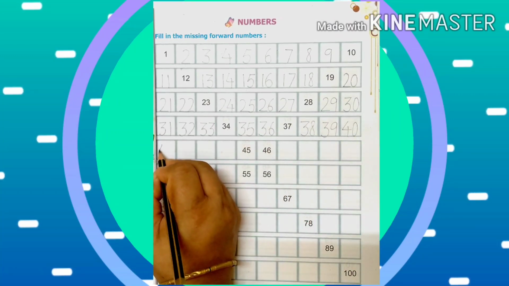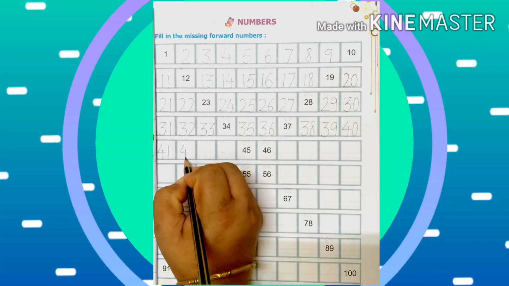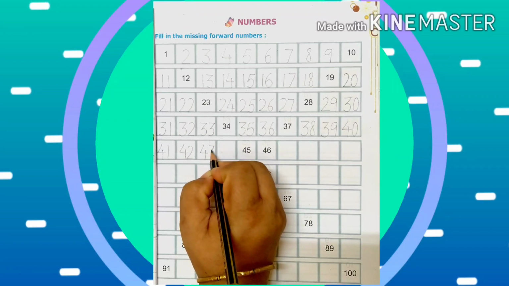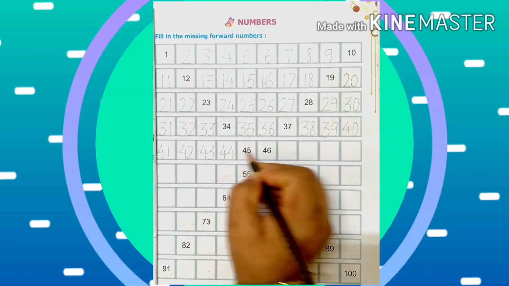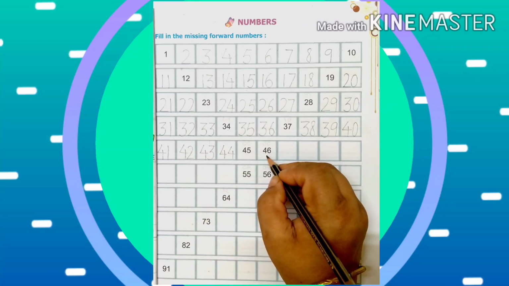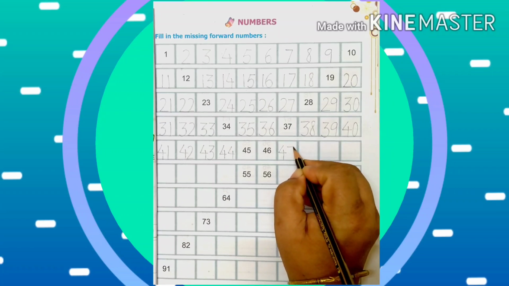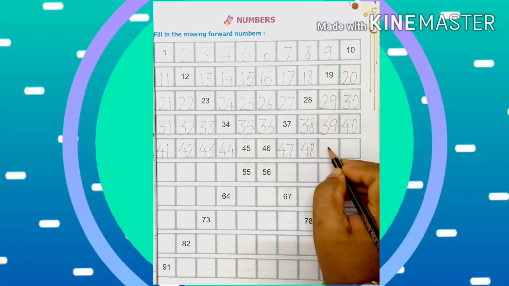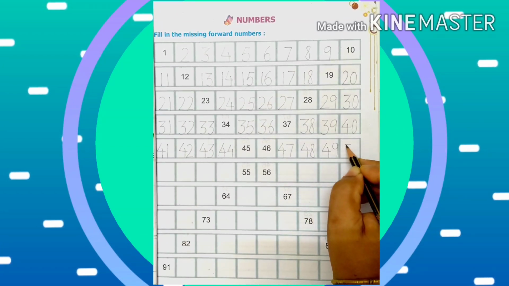After 40 comes 41, 42, 43, 44, 45 is written, 46 is written. After 46 comes 47, 48, 49 and 50.